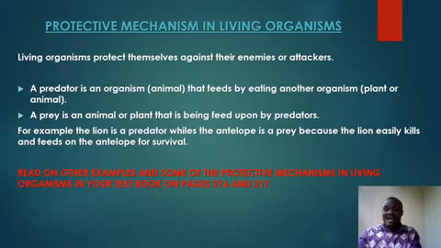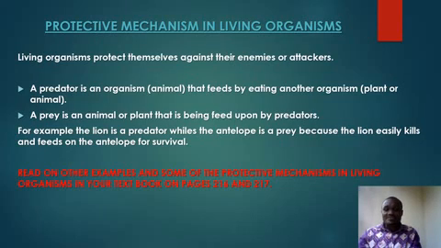For example, the lion is a predator. It preys on these herbivorous animals in the bush, and the prey is an organism or an animal or a plant that is being fed upon by the predators. As I said, a lion is a predator, whilst the antelope is a prey, because the lion easily kills and eats the antelope for survival.